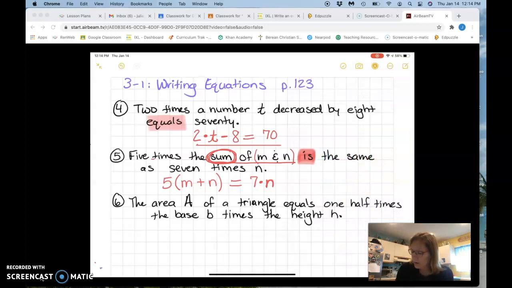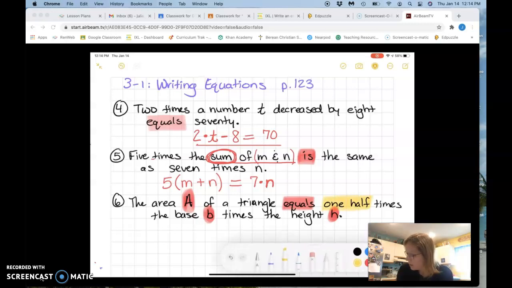So it says the area A of a triangle equals 1/2 times the base times the height. And then it gave me all these letters to use in my formula. Okay, and I'm also going to highlight 1/2 because that's important. I don't want to forget that part, okay?